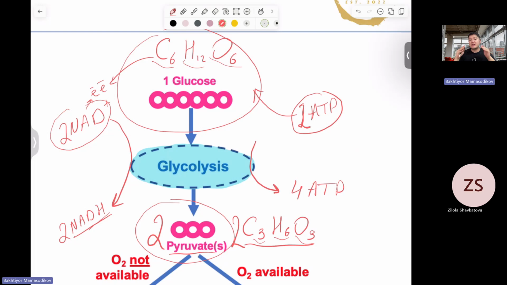Before this reaction, to start it, I use 2 molecules of ATP, but after the reaction, I get 4 molecules of ATP. So my net gain, my profit, is 2 molecules of ATP: 4 minus 2 equals 2. This is the net ATP result.